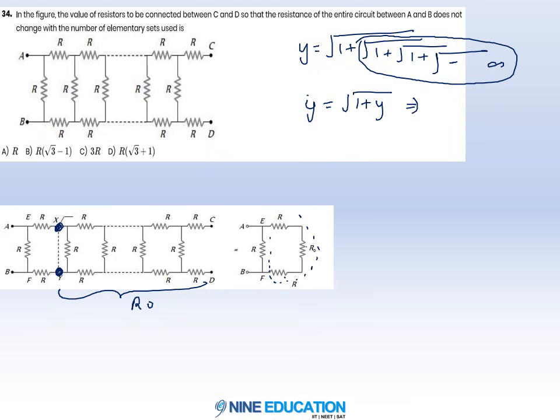Equivalent of this portion is, these are in series, so their equivalent is R naught plus 2R.